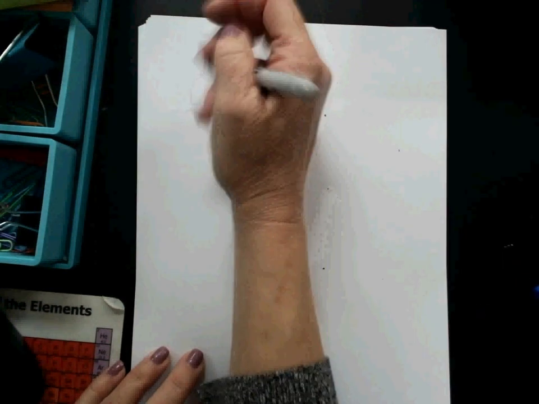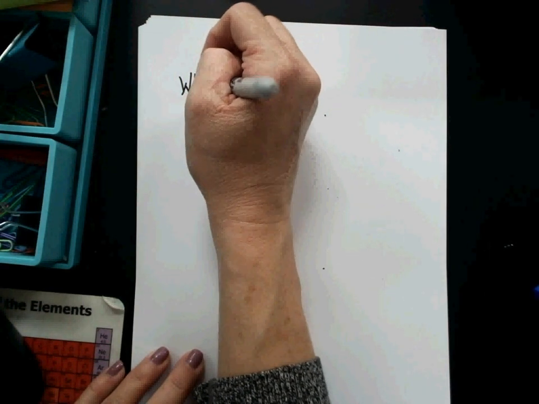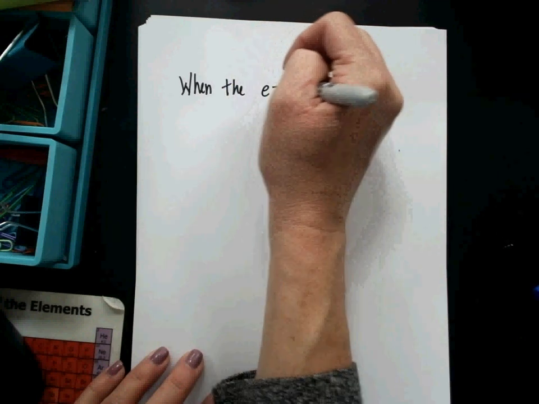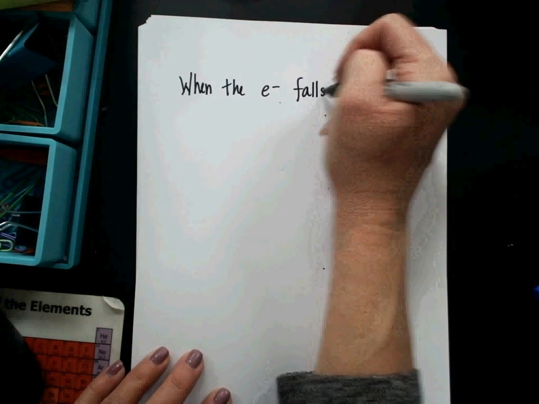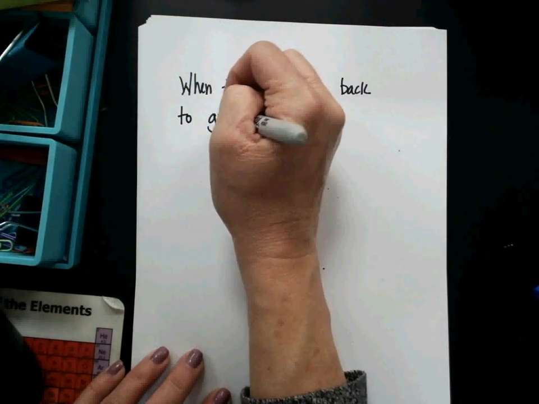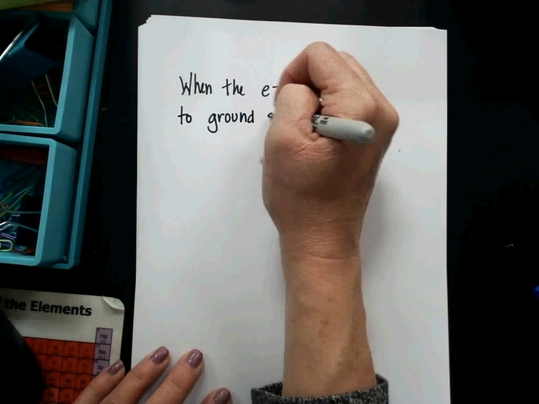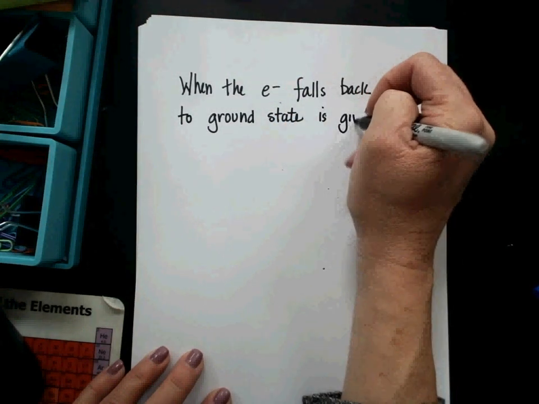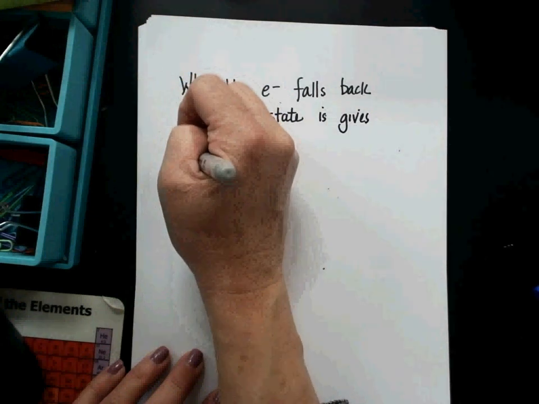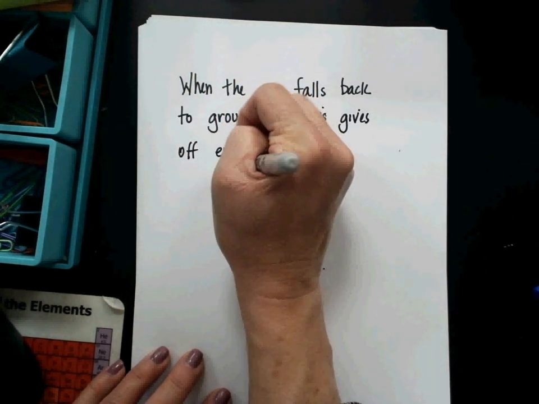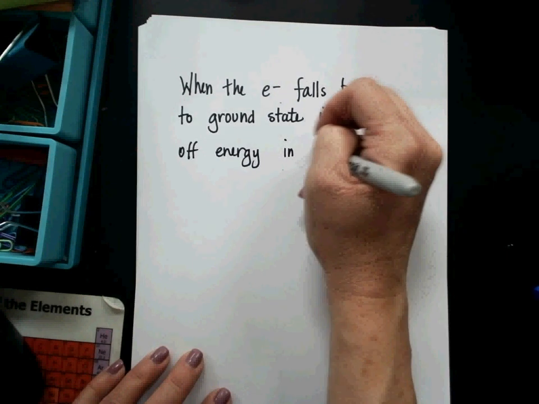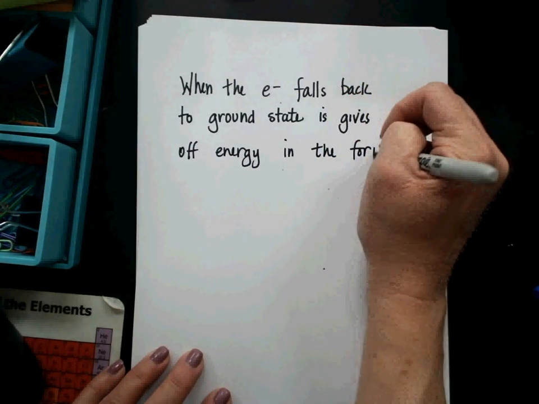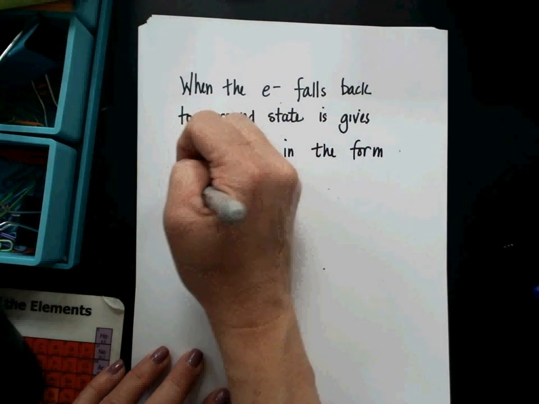So we say, when the electron falls back to ground state, it gives off energy in the form of light.